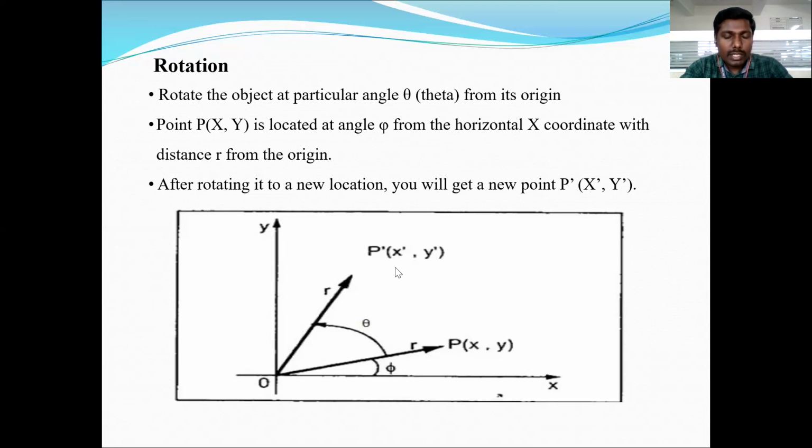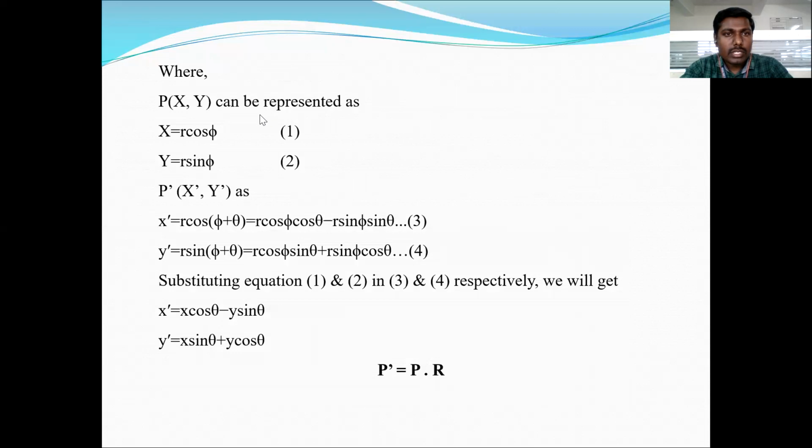Like translation and scaling, here also we have some equations. See these equations, where P of x comma y can be expressed as x equals r cos phi and y equals r sin phi. We call these equation 1 and equation 2. Similarly, P dash of x dash comma y dash is represented as x dash equals r cos of phi plus theta.